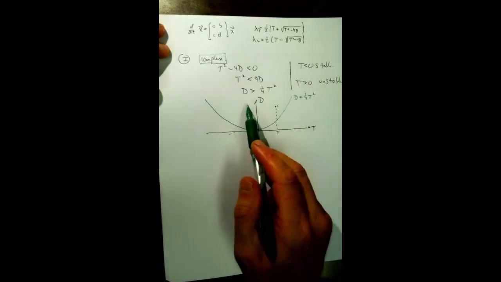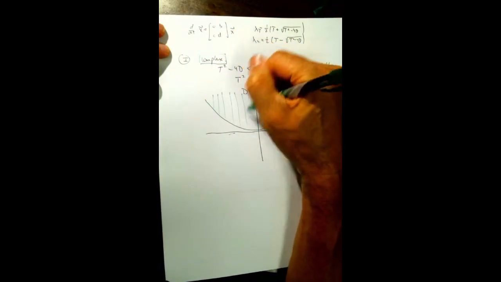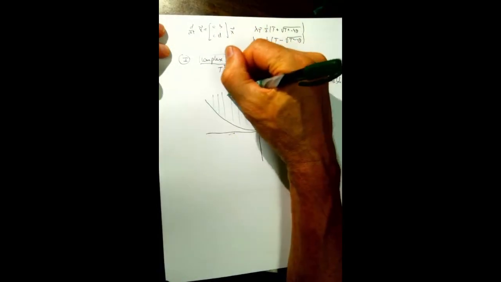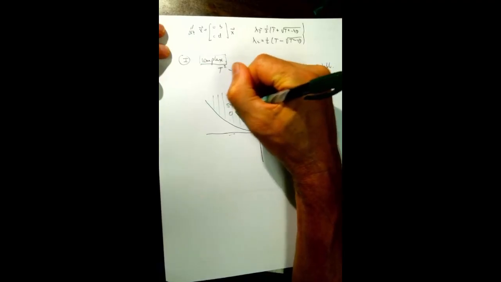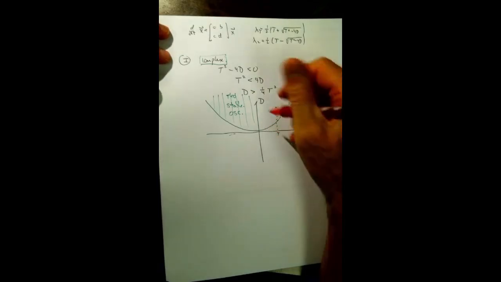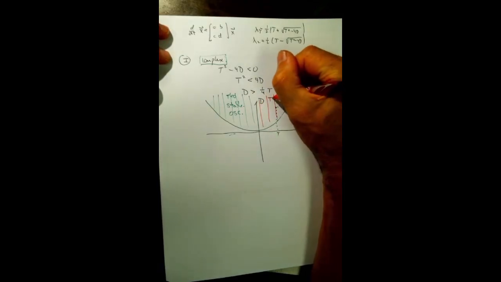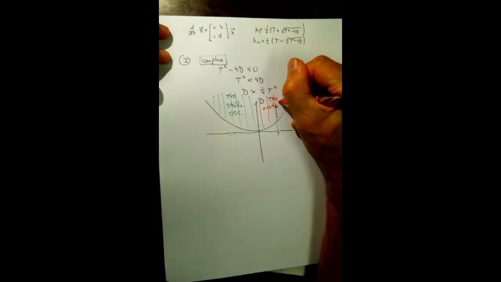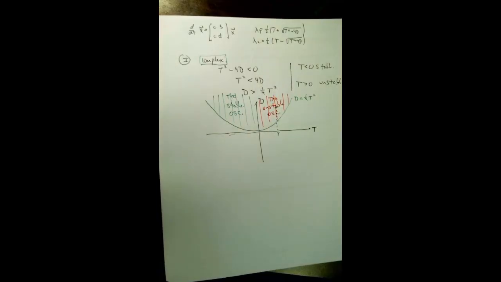If T is less than 0, it's going to be stable. So over here, I'm above the parabola, and T is negative, so this is going to be stable with oscillations. If I'm over here, I'm above the parabola, my T is positive, so this is unstable, and it oscillates. That's a mess.